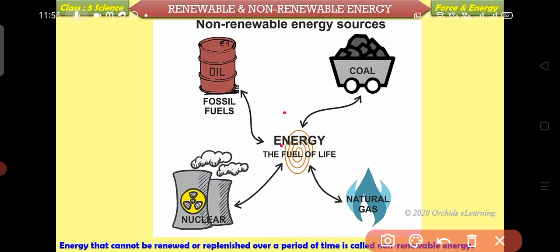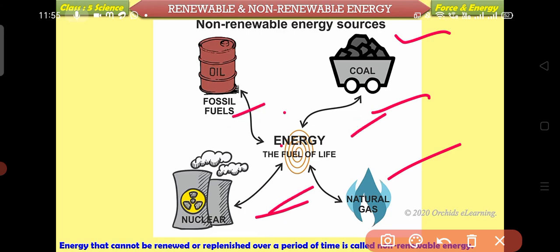These energy sources, like fossil fuels, coal, nuclear, and natural gas, if once they are completely vanished from the earth, cannot be used again, because we cannot add them back into the earth.